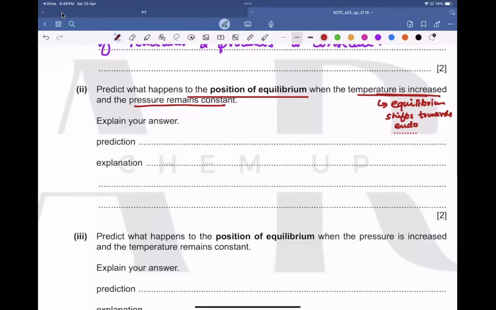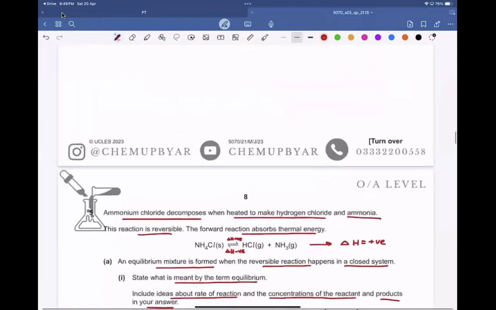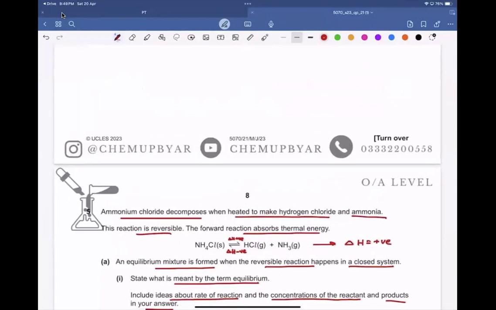So equilibrium always shifts towards endo, and as they have told us, the forward reaction is endo. So it means equilibrium will shift towards the right.